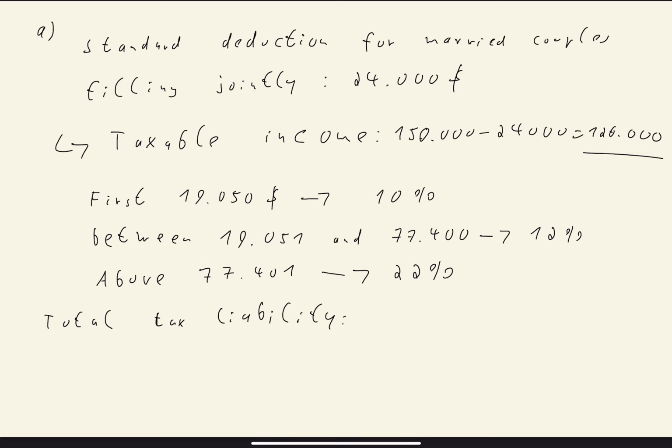So it's 0.1 times $19,050, plus 0.12 times everything which is between $77,400 and $19,051, so simply 77,400 minus 19,051.